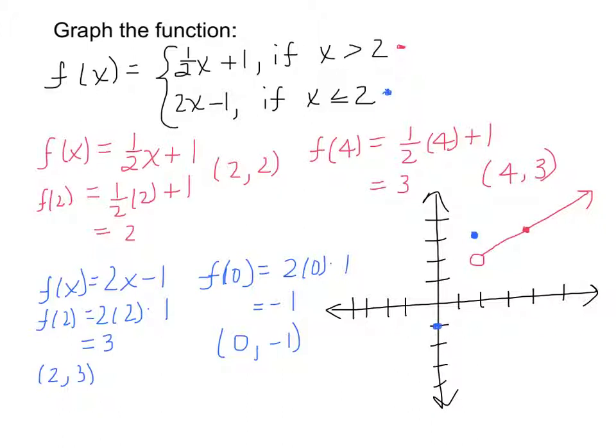And since it says less than or equal to, then this line has to be going to negative infinity. So your inequalities tell you which way your line is going to be going. And if you're in doubt, you could just keep plugging in numbers until you see the direction of your line.